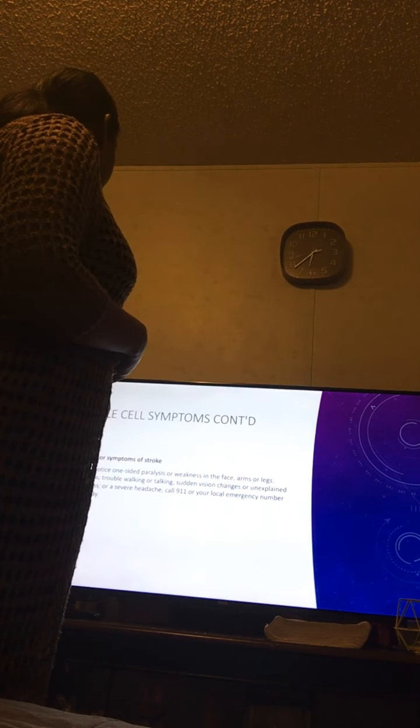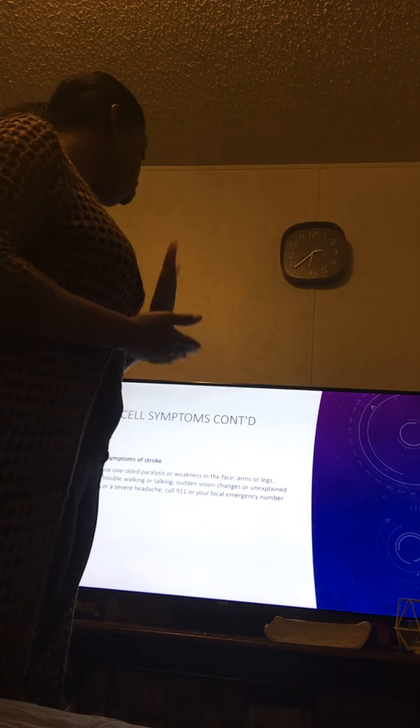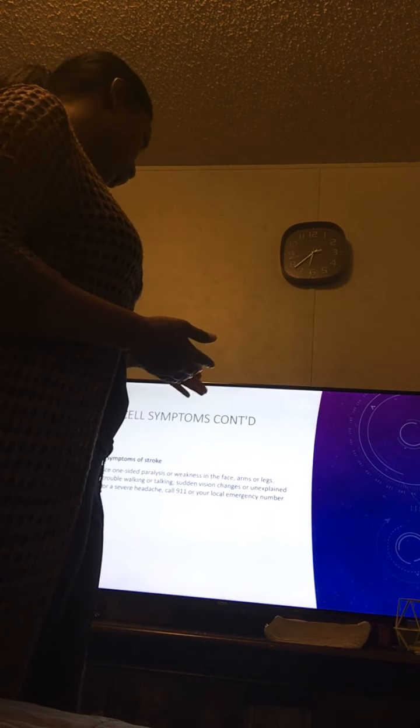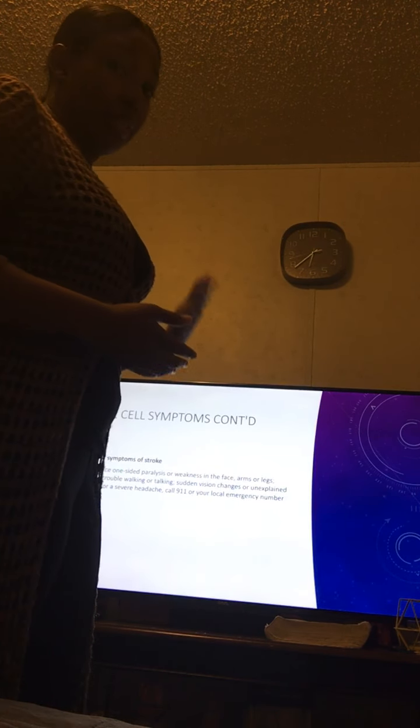Okay, you have signs or symptoms of stroke. This symptom is really, I've seen this with people actually. I actually have a family member with sickle cell, and I've actually seen this. So this is a really serious symptom. So let's read.